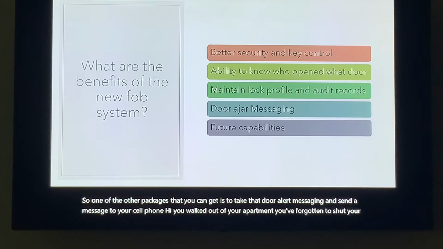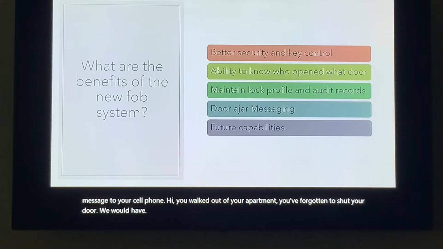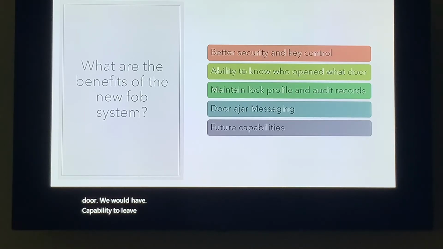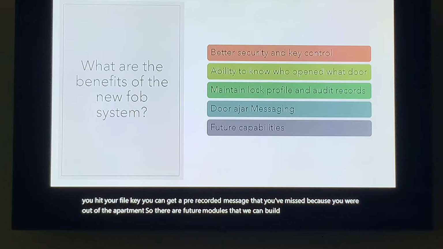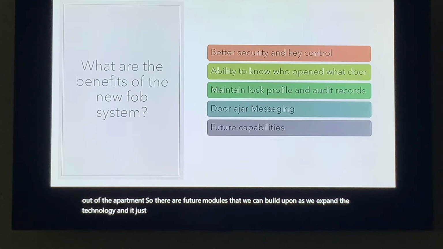We would have the capability to leave messages electronically so that when you return to your apartment and hit your fob key, you could get a pre-recorded message that you missed because you were out of the apartment. So there are future modules that we can build upon as we expand the technology, and it just gives us new capabilities.